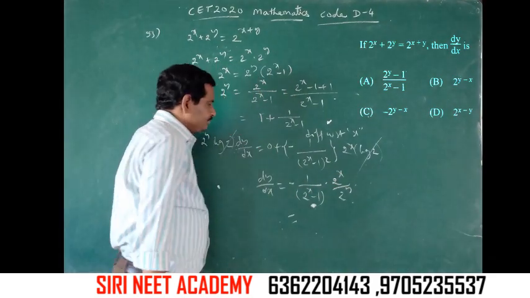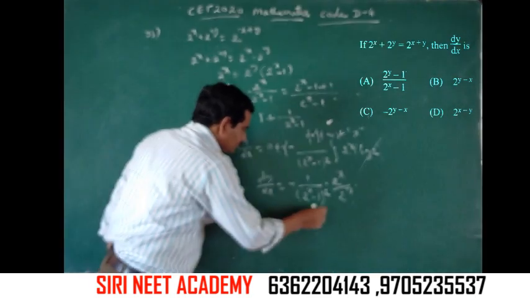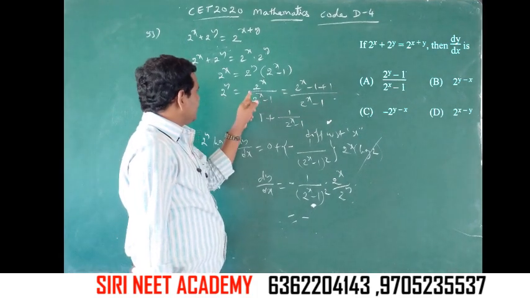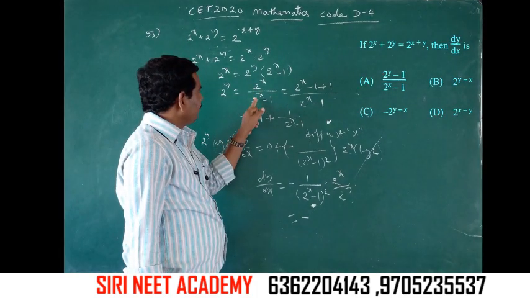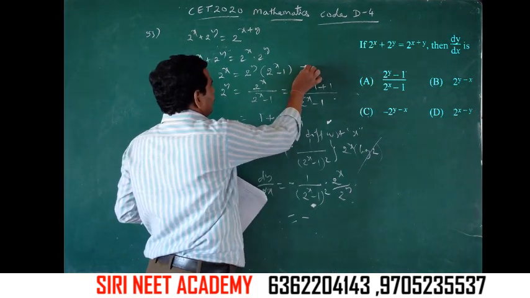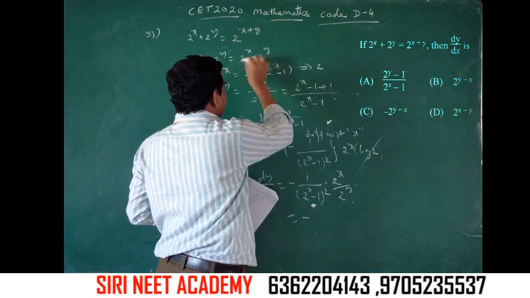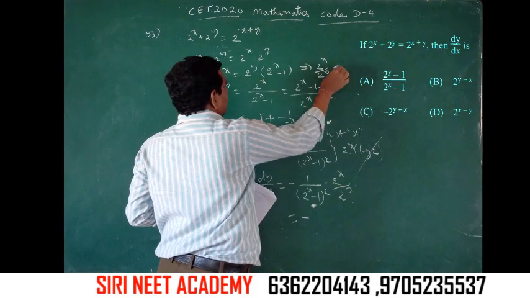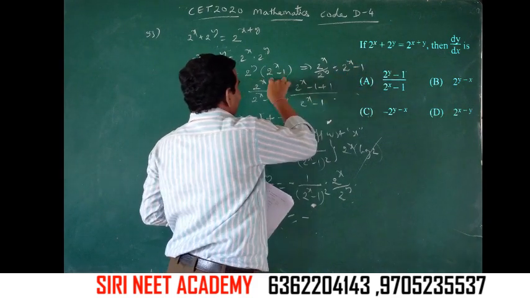That is equal to minus, from this 2 power x by 2 power y value, 2 power x minus 1.